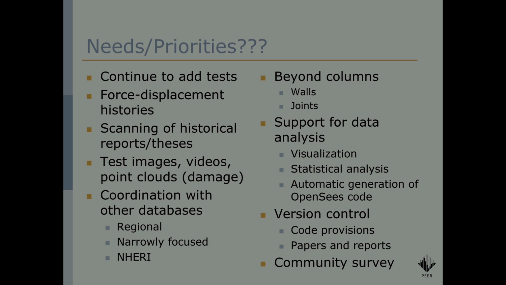And again, as I mentioned a few minutes ago, we're going to follow up with a community survey. This is the beginning of a process. We hope we'll generate great ideas. We hope that eventually, as the project gets larger, it will include more people to determine how the next generation database will look.